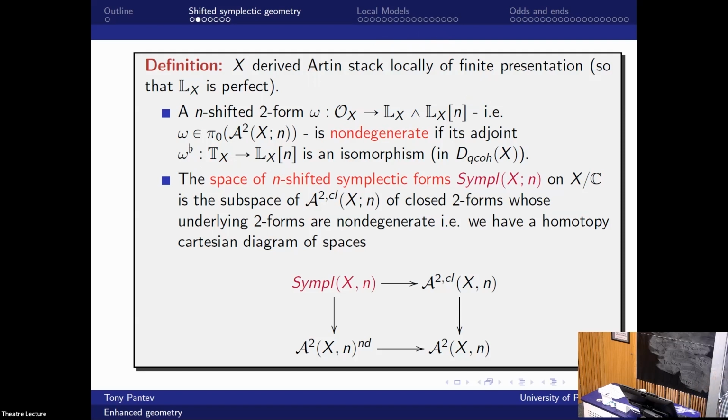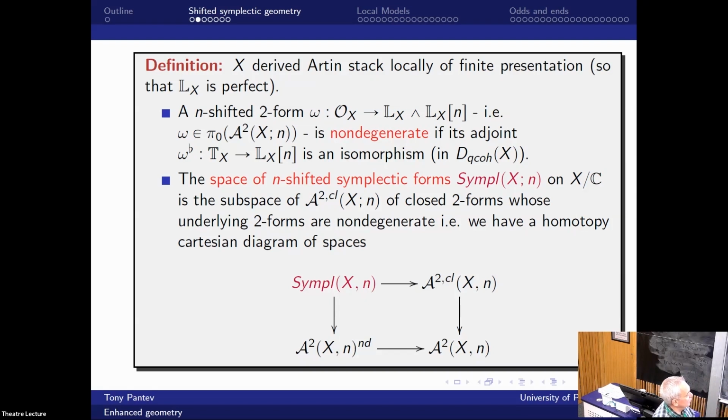And then, as I said, there is some meaningful intrinsic way of saying what integrability on those guys is. So the space of n-shifted forms has a refinement to a space of n-shifted closed two forms. And that requires putting in extra data.